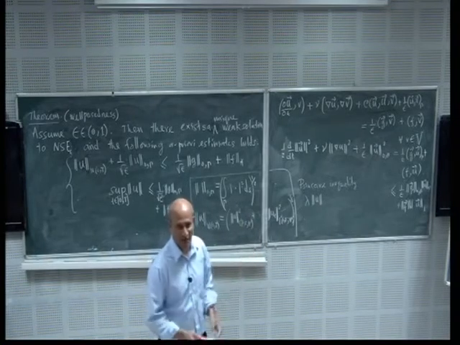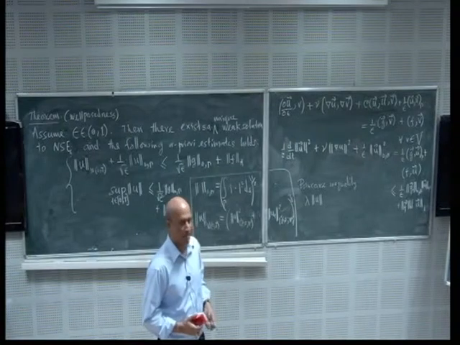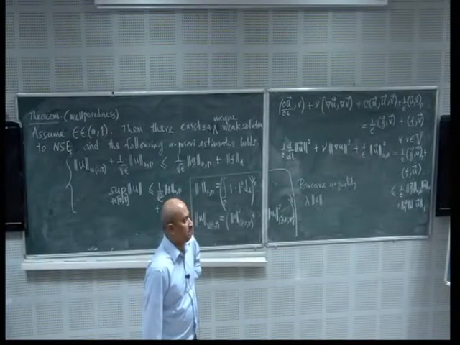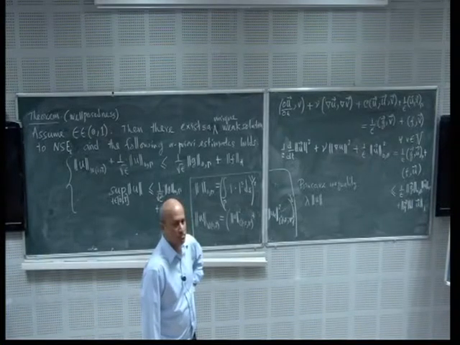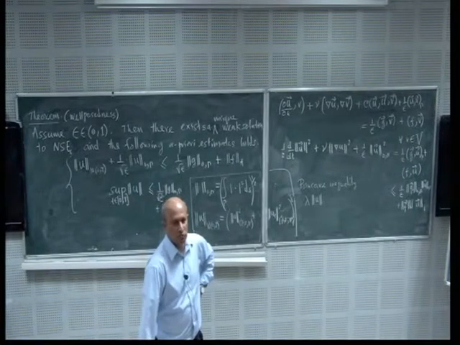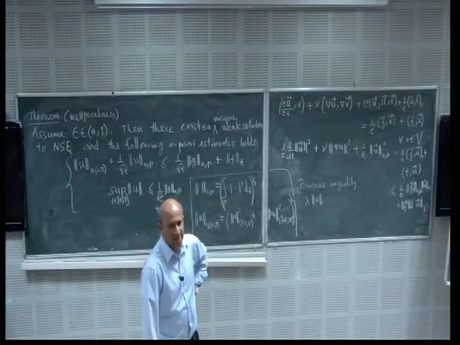I'm just generalizing. It's a continuous linear functional on H1, therefore it belongs to the dual of H1. So the dual of H1 is contained in H minus 1, right? H10 is a closed subspace of H1.